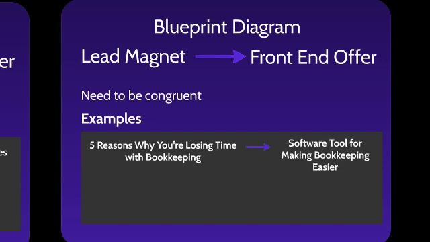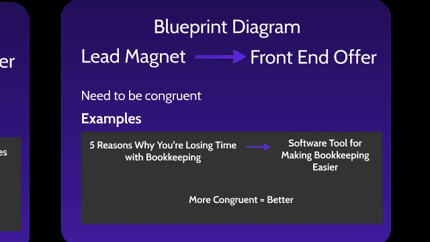So if the front end offer is software that speeds the process up, makes my life easier, and makes bookkeeping easier, guess what? You've set the tone with the lead magnet: bookkeeping, losing time. I'm presented with that, I move forward because I'm interested, you give me exactly what I want, and I buy it from you.